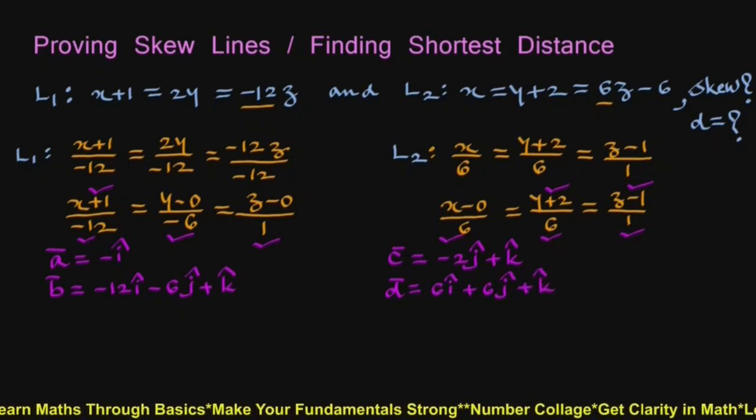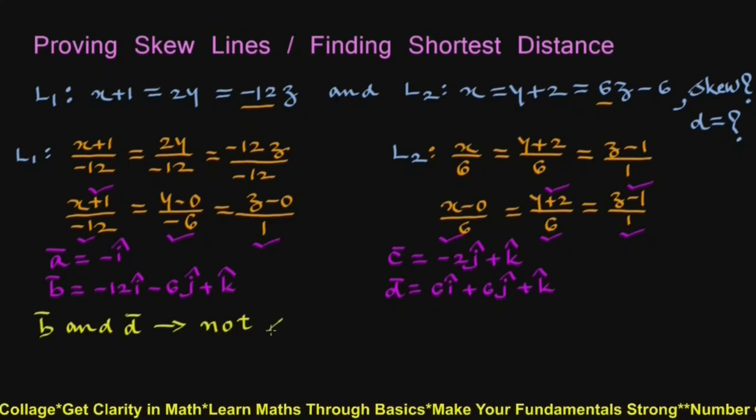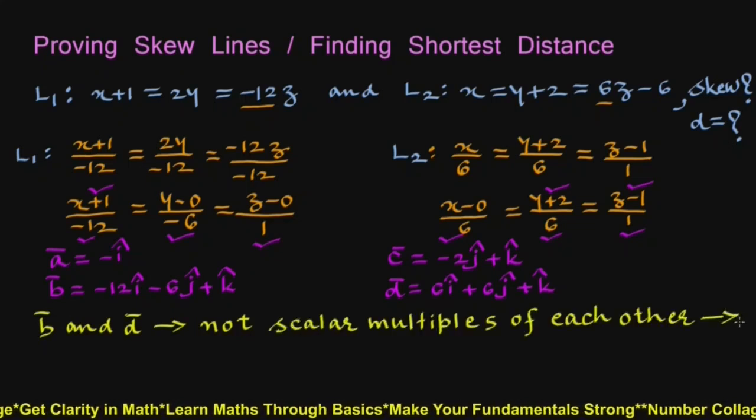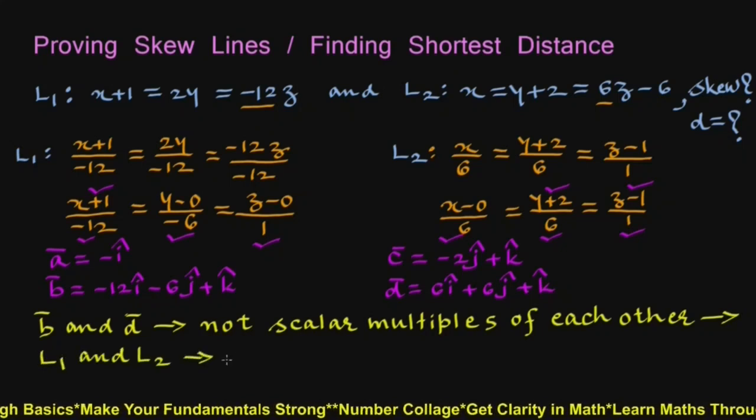Now since b and d are not scalar multiples of each other, it implies that lines L1 and L2 are skew lines.